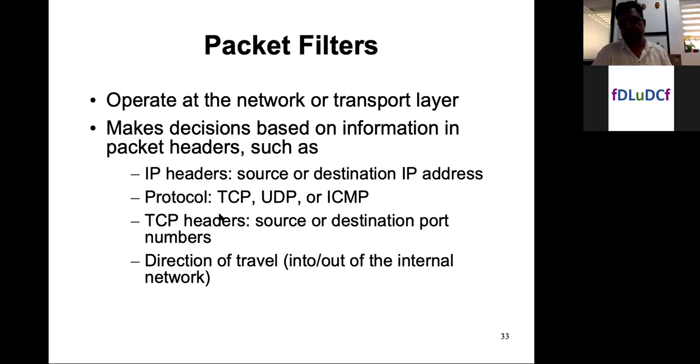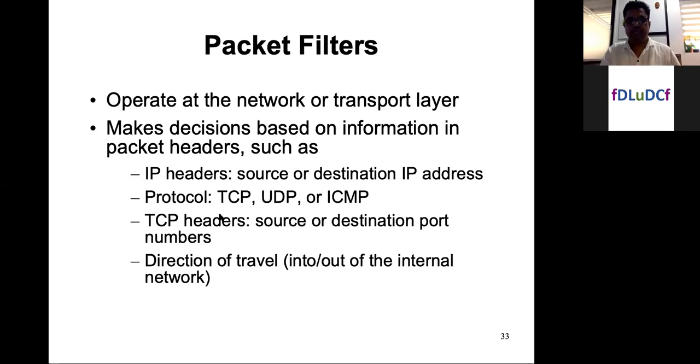Most of the historical firewalls are packet filtering firewalls. Packet filtering firewalls restrict to the IP packets, so they restrict not only on IP packet information, but also on individual packets.